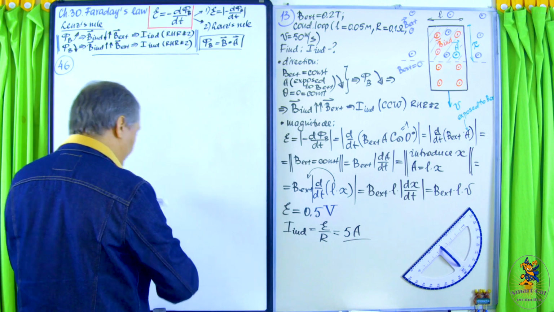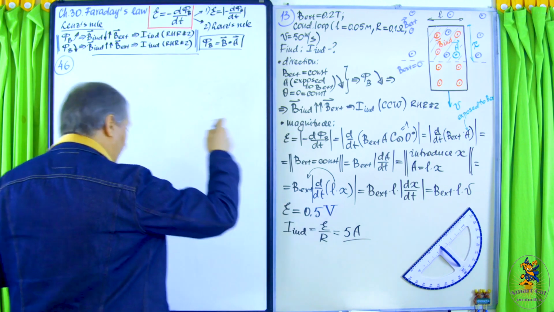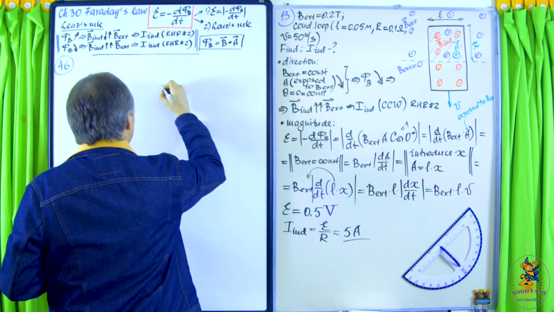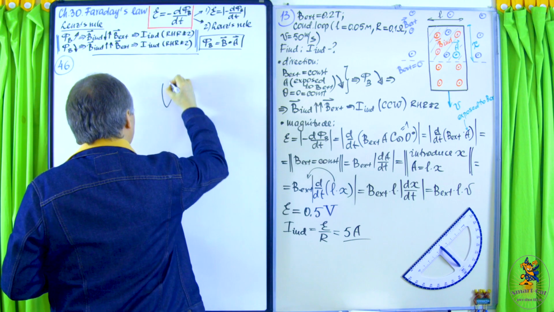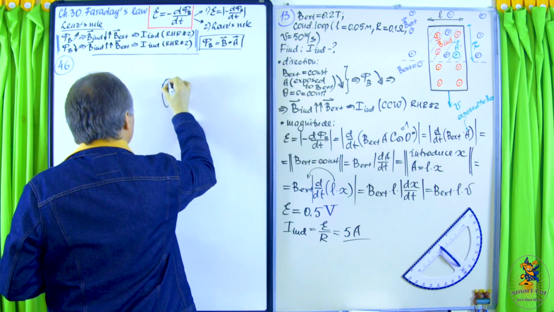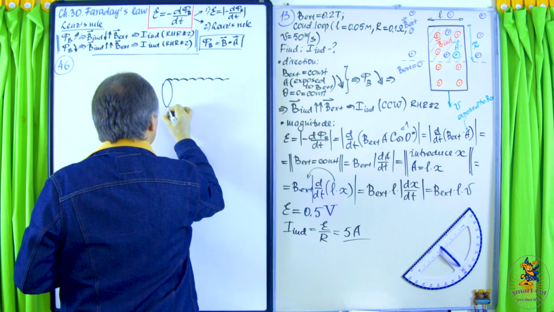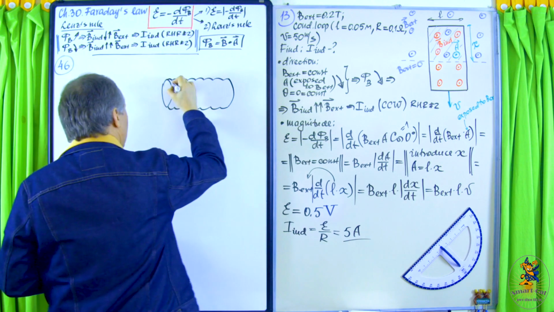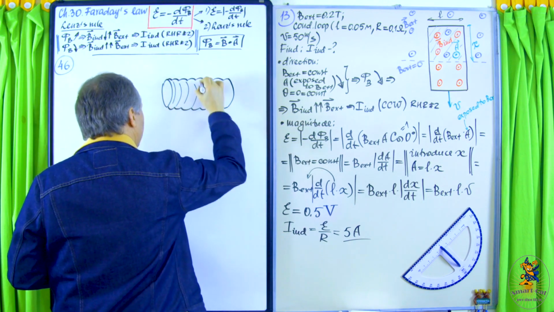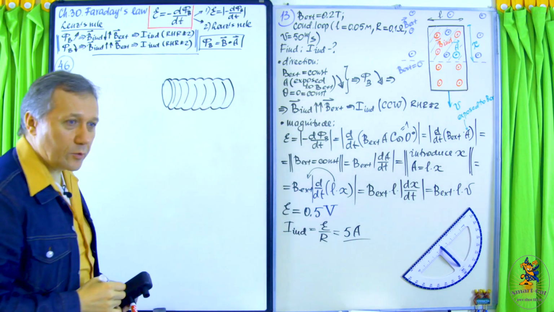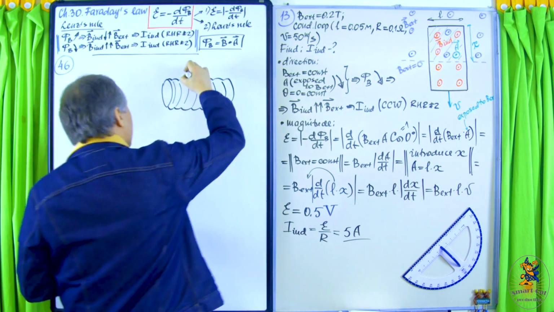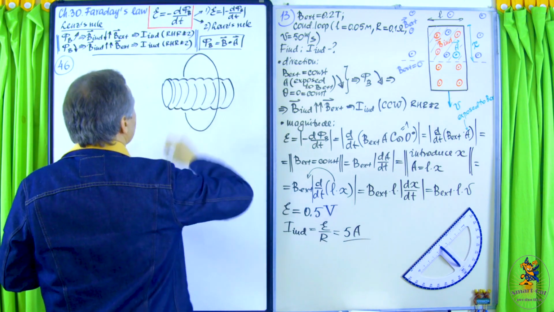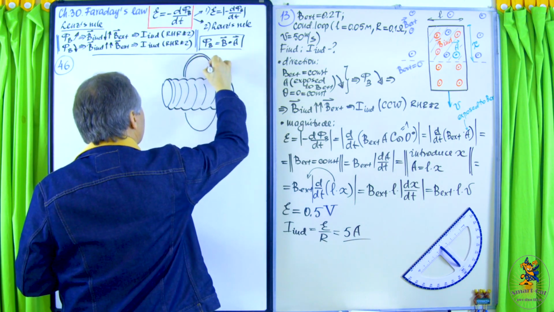And let me draw the picture first. So that's our solenoid. And then there is a conducting loop. Maybe let me make it thicker.